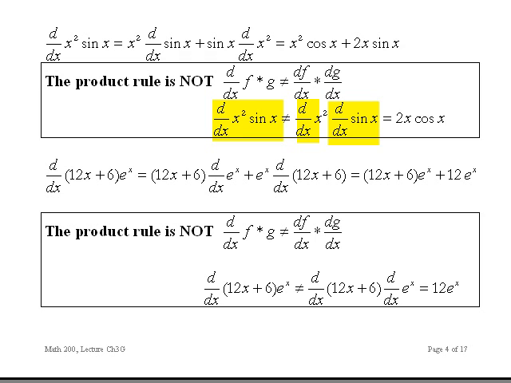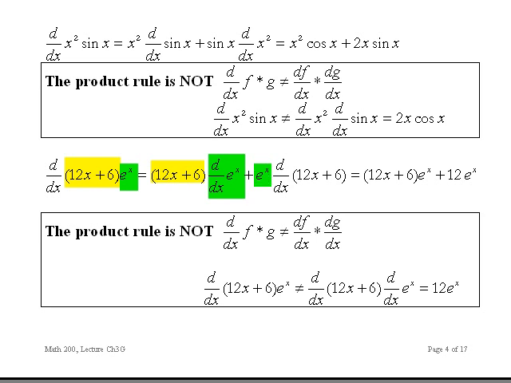Here's another example. I'm going to take the derivative of the function f, 12x plus 6, and I'm multiplying it by e to the x. So I hold the 12x plus 6 constant and take the derivative of e to the x.